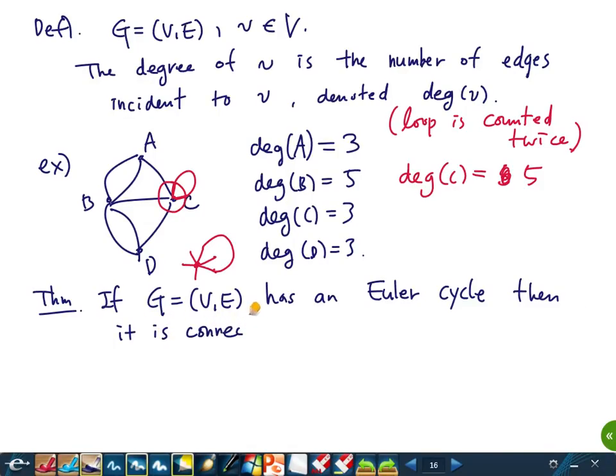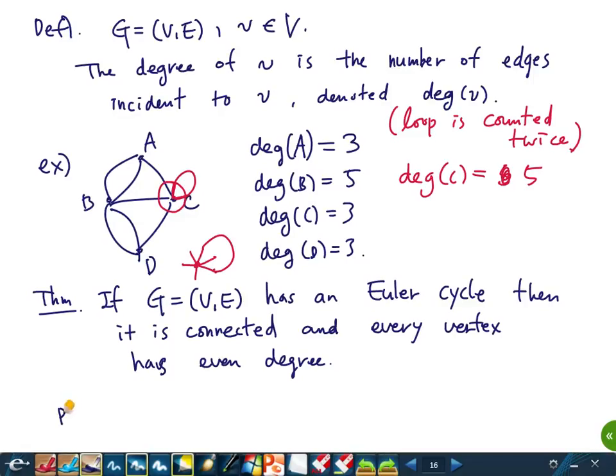Euler cycle means a cycle which contains all vertices, so it must be connected. And moreover, every vertex has even degree. If there is an Euler cycle, the degree of every vertex has to be even.